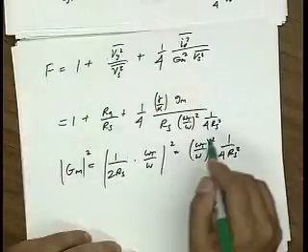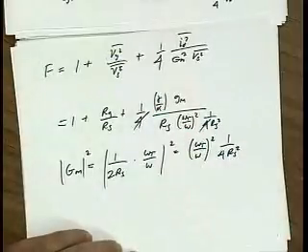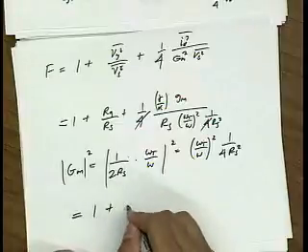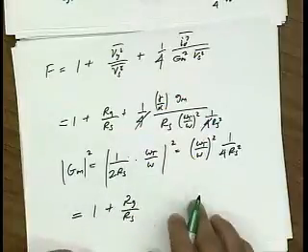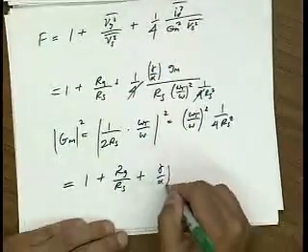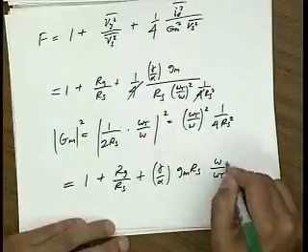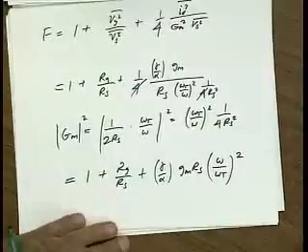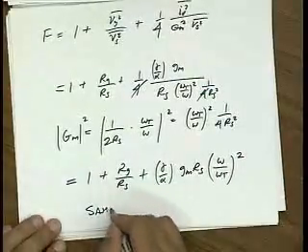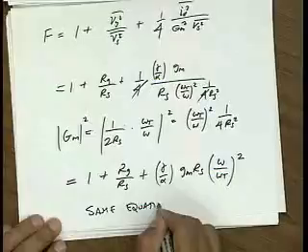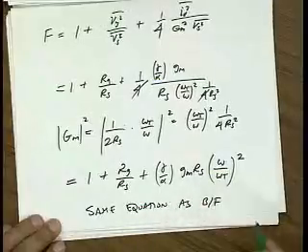And guess what? This 4 cancels out with this 4. And I end up with the same exact expression as for the undegenerated MOS amplifier. So this is the same equation as before.